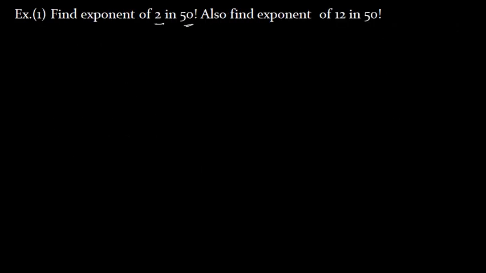Let us see one more question. Suppose we want to find the exponent of 2 in 50 factorial and also the exponent of 12 in 50 factorial. First we find the exponent of 2 in 50 factorial.